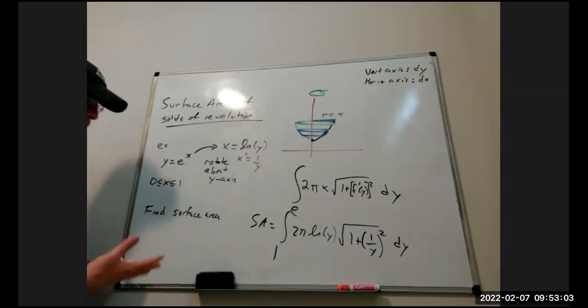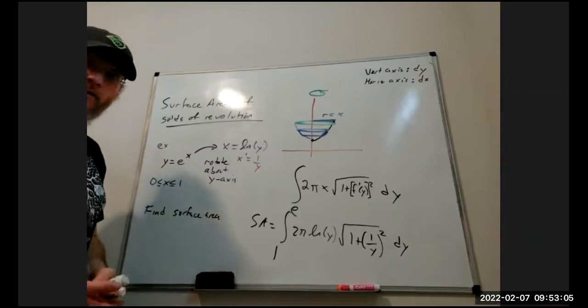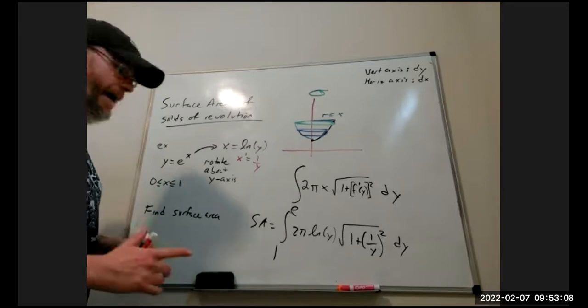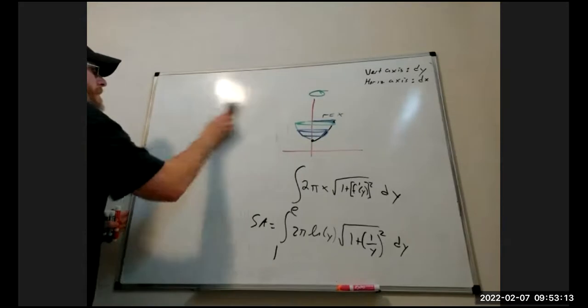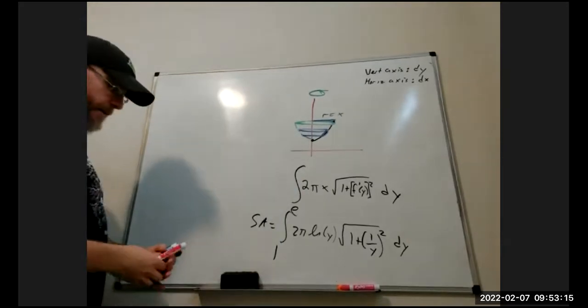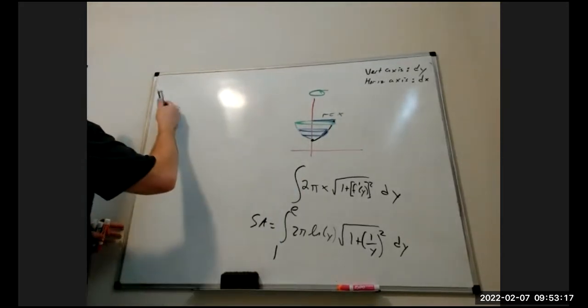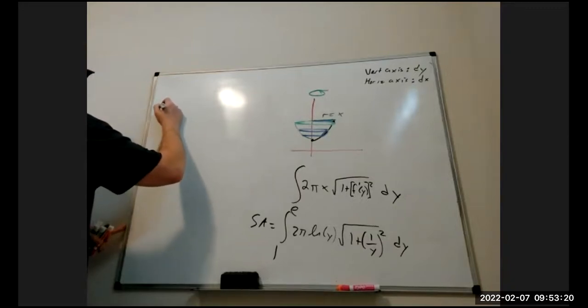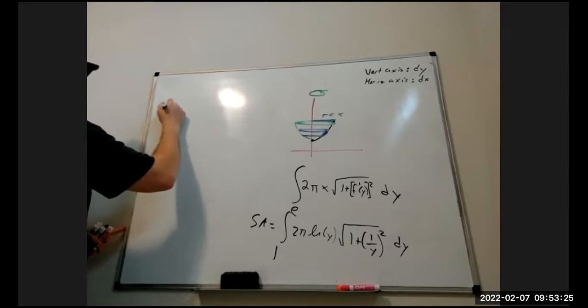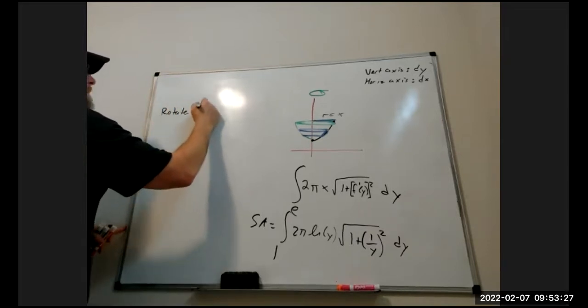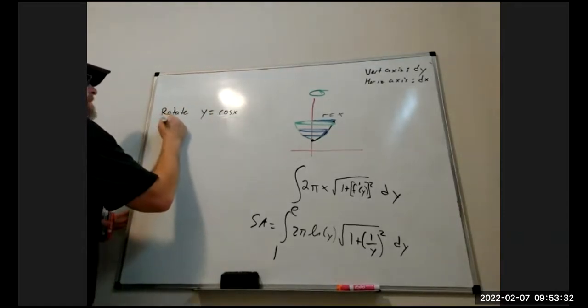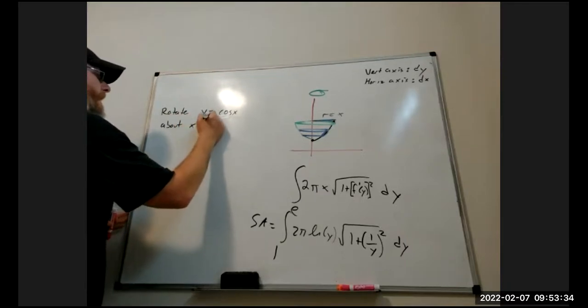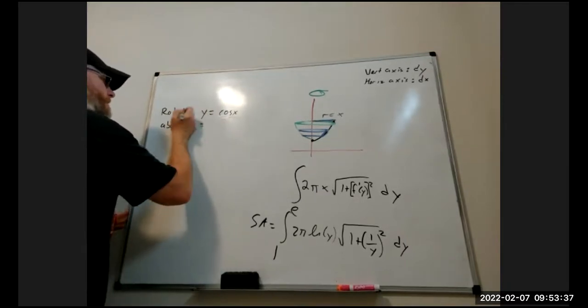All right, so let's do one more here, but this time let's rotate about a non-coordinate axis. Let's try to do a function we haven't done yet. We pretty much hit all the big ones. All right, well, let's do this. Let's rotate y equals cosine of x about the line y equals 1.